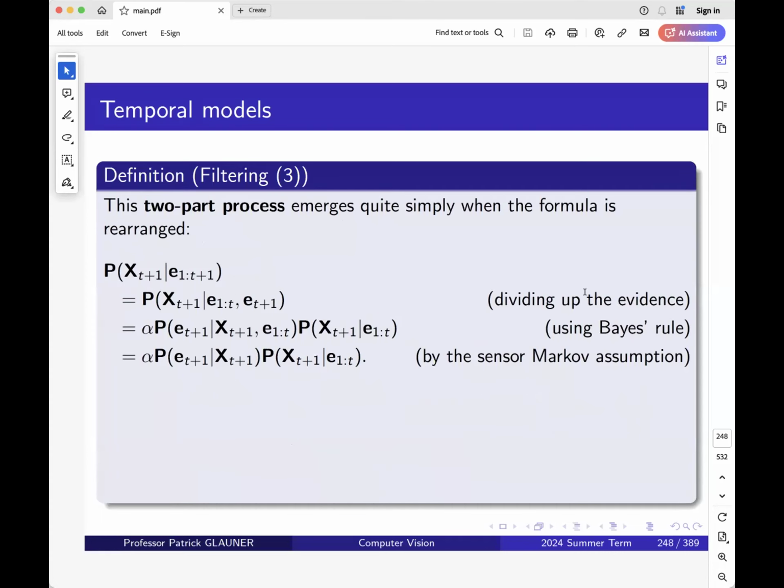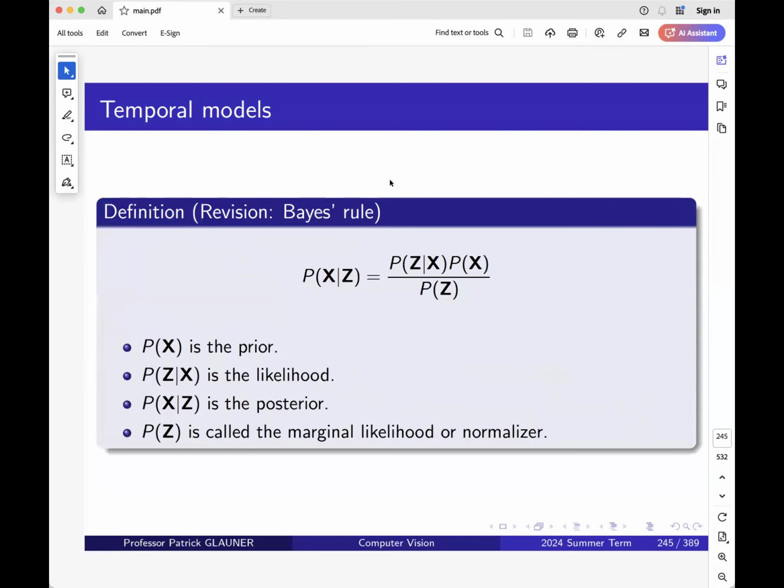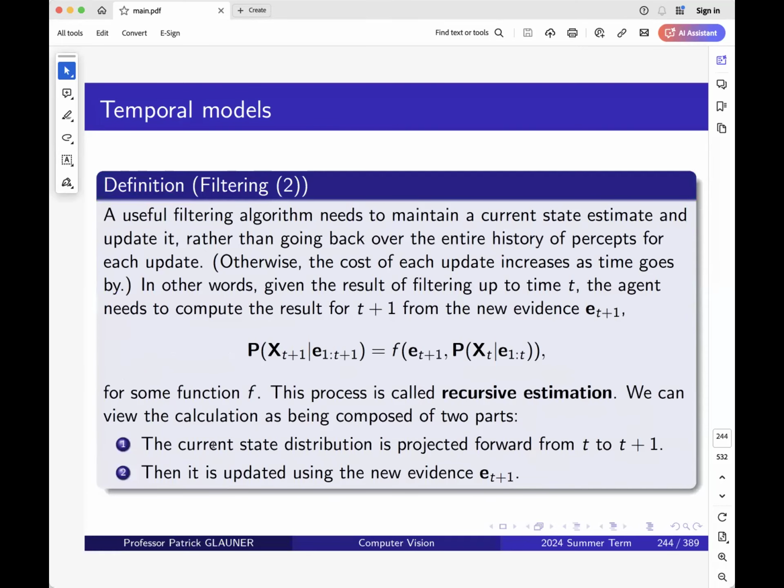And now we needed this Bayes rule, or needed to revise it, because we're going to use it now throughout this course. So we are using our two-part filtering process from before, because we said we want to update the current state distribution, project it forward, and then plug in the new evidence.